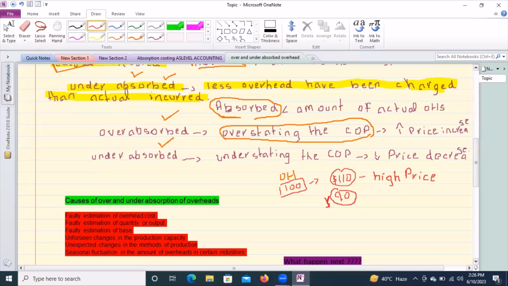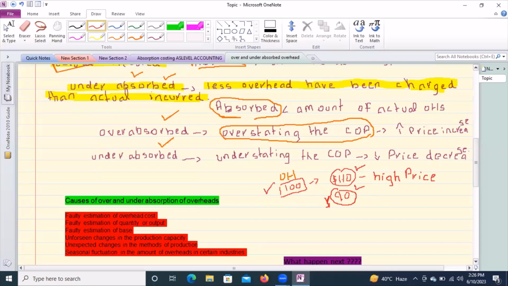It means they are charging very low prices, but because you forecasted wrong production overheads, you are charging high prices to the customers, because your actual overheads are $90, but you forecasted wrong. You said that your overheads are $100.